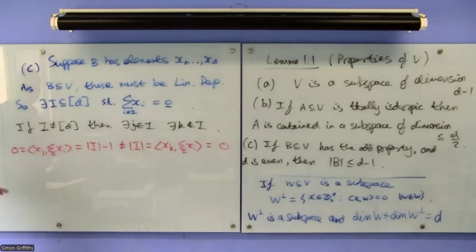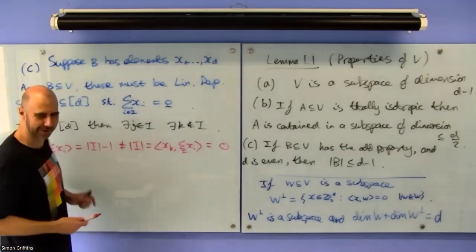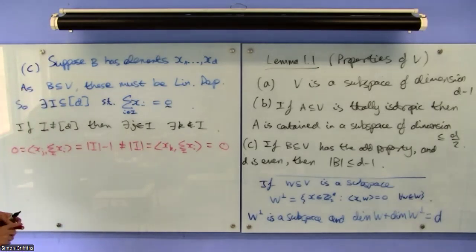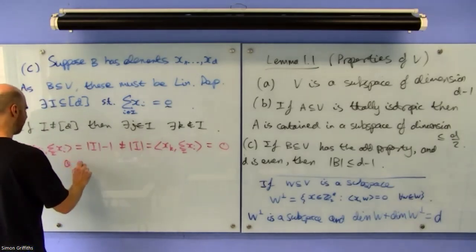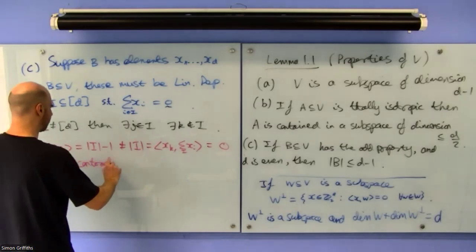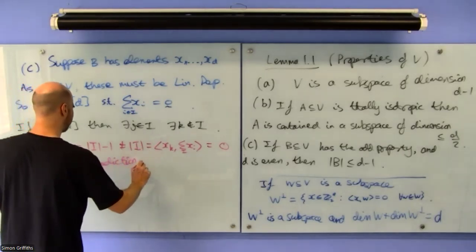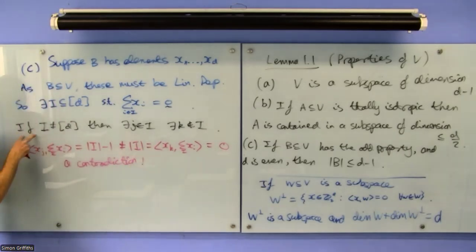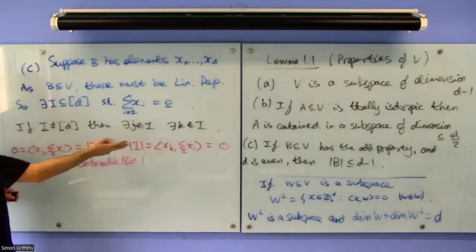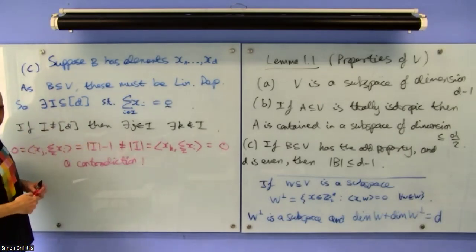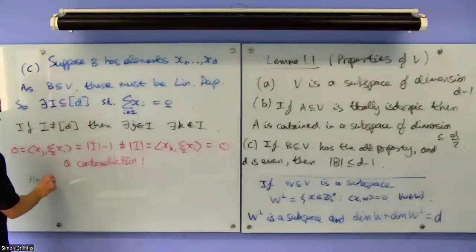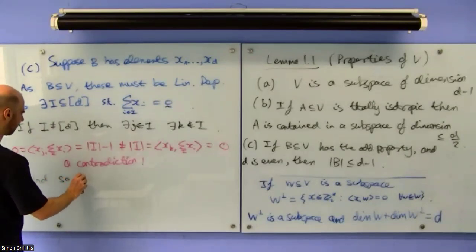And so what we've learned is that 0 is not equal to 0. That is known as a contradiction. And so we said here, if I is different from D, we quickly got a contradiction. So it must be the case that I is D.